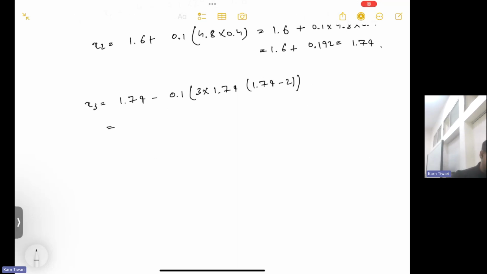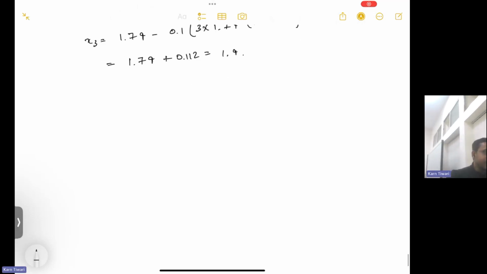I am leaving it up to you to solve this. Either you can use a calculator or do it by hand. So I'm not going to solve the numerical equation for this. You need to do it. It will be plus 0.112. The answer you should be getting is 1.9. Okay. So that was the seventh question.